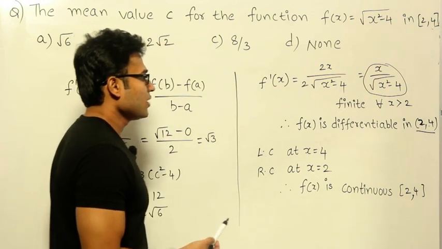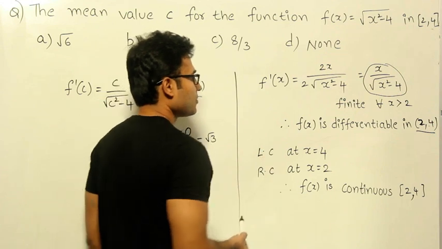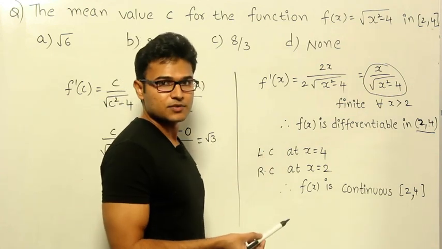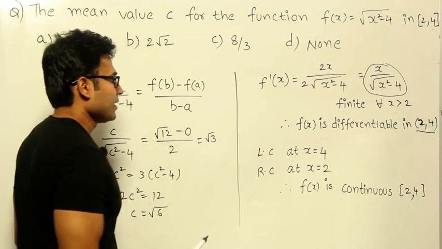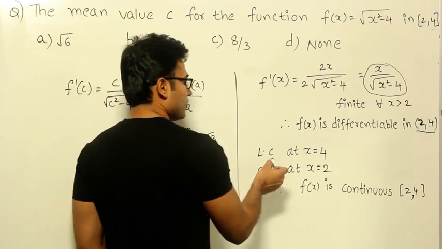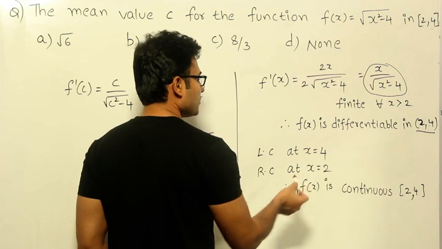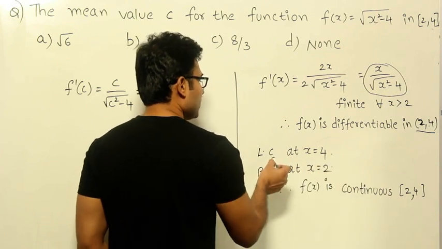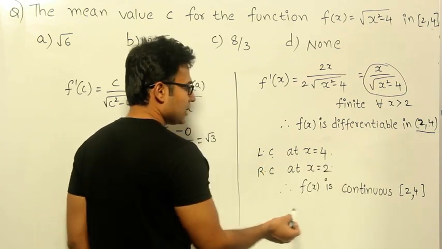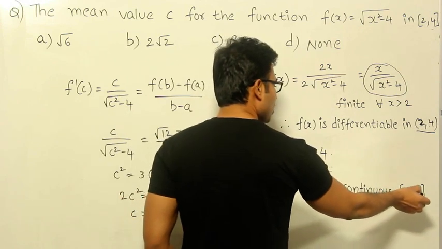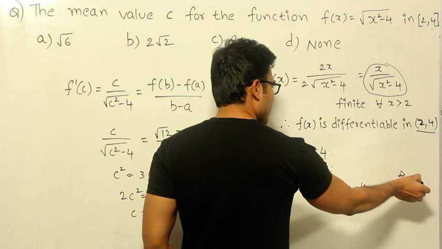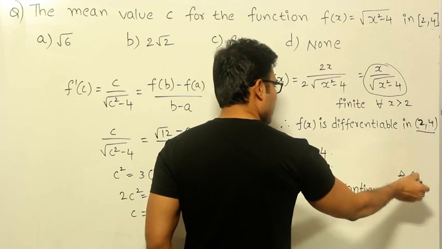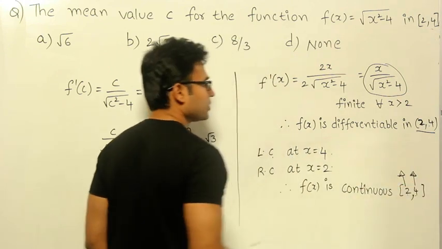And now one more condition you should check, before applying these mean value theorems, is continuity. You have to see that it is continuous between 2 comma 4, which means it should be right continuous at 2 and left continuous at 4, and between these two it should be continuous, right?